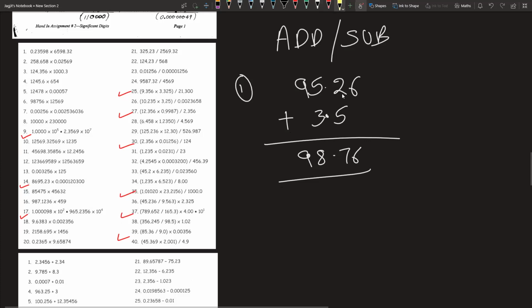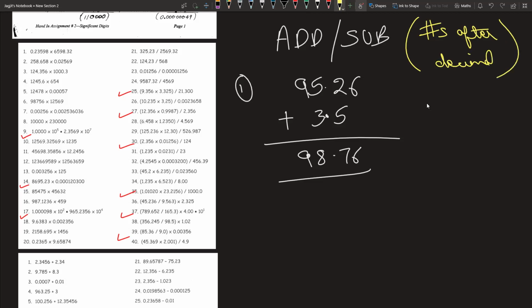Okay, now when it comes to addition and subtraction, we don't look at the sig figs. We look at the numbers after the decimal. Keep this in mind. So this is a bit different than your multiplication and division. How many numbers are after the decimal on this? 2. How many numbers are after the decimal on the second one? 1. My answer should have the least.